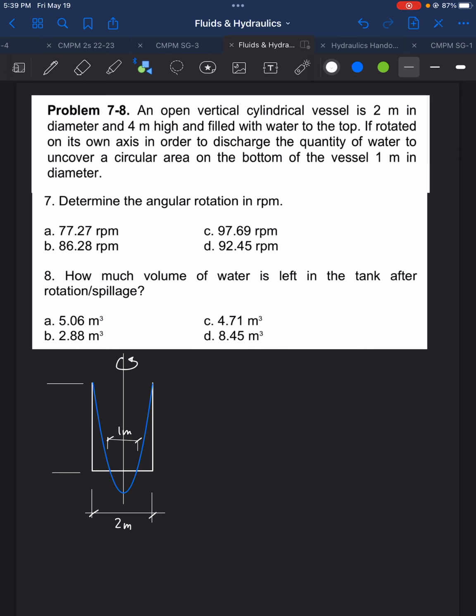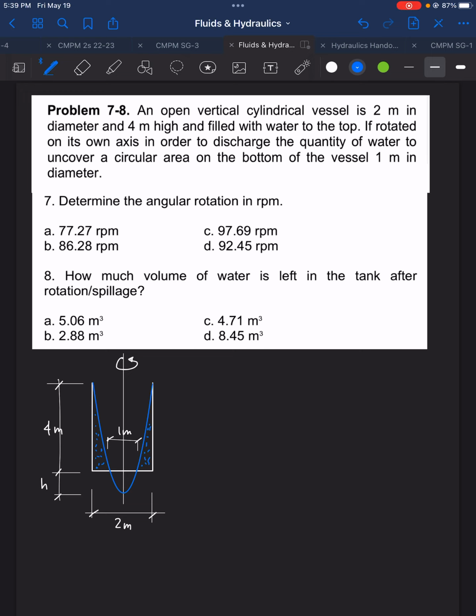And let's get also the height of the small parabola here, formed at the bottom of the cylinder. Let's name that as H. So 4 meters, and this is H. Okay, so this is the remaining water. Here, this is the remaining water.